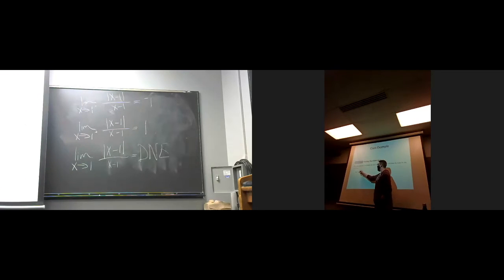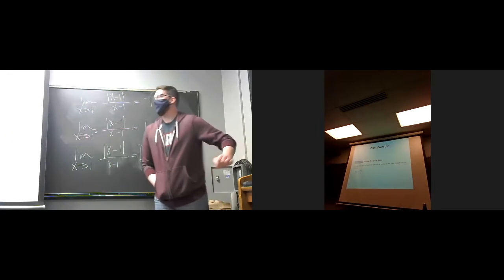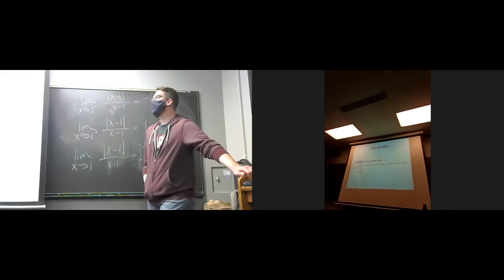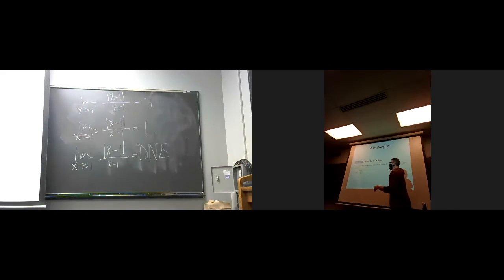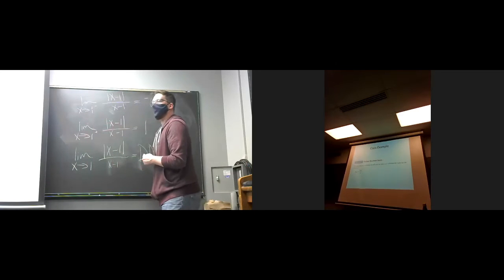Well, if we look at this 2x thing, this is going to be equal to the absolute value of 2x. It's going to be equal to 2 times the absolute value of x, right? And the absolute value of x over x is going to give you one of two answers, either 1 or -1. That's why this worked the way it did.